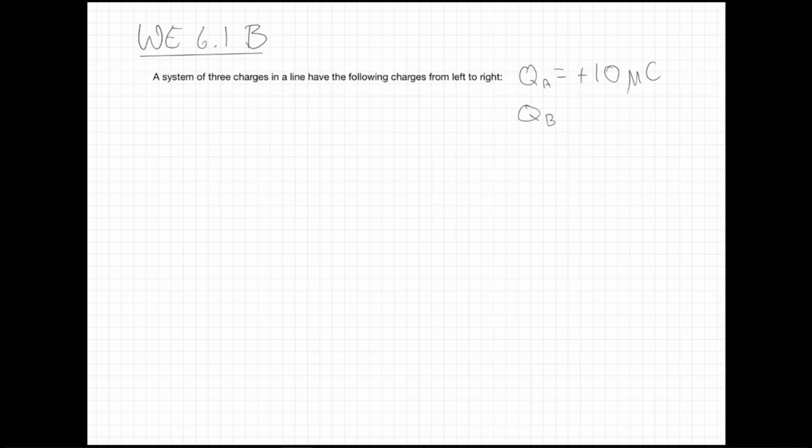I know I said from left to right, but then I couldn't fit it, and now I'm writing it downwards. No, I'll write it in a line. QB is a negative 10. And QC equals positive 10. And they are also arranged in that order like this.